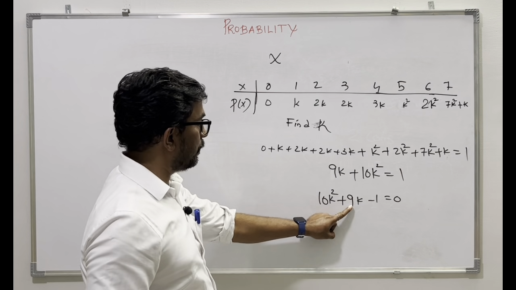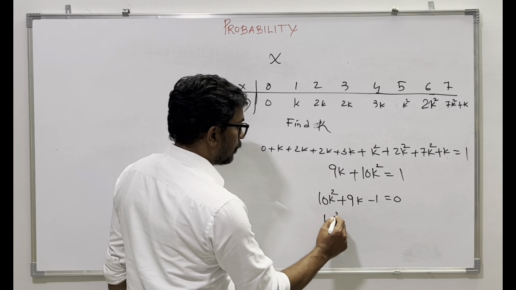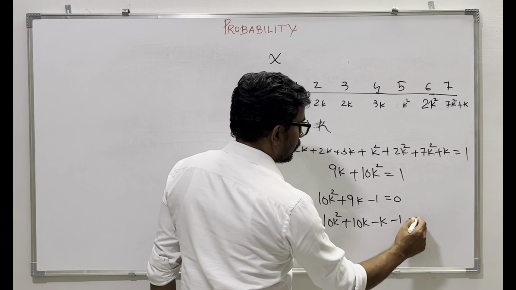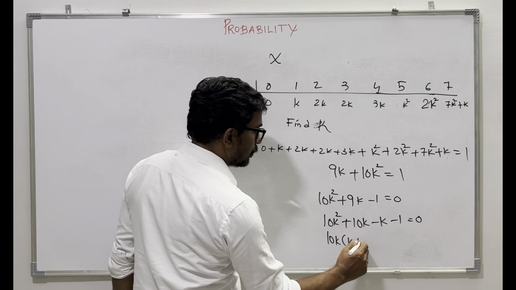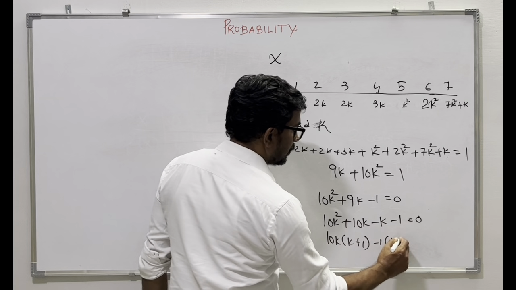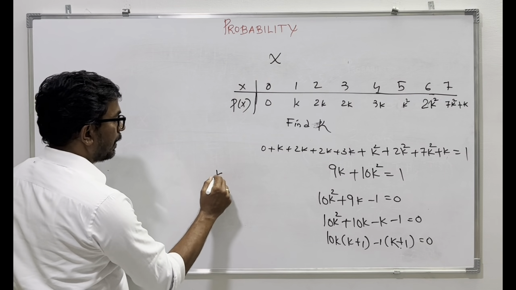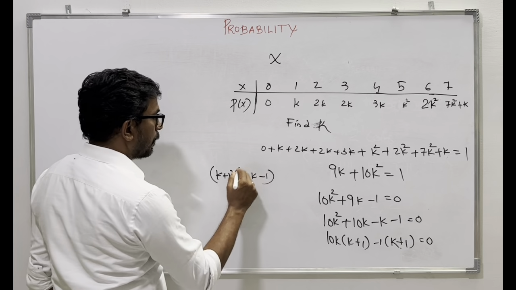When you multiply, it should be 10 times minus 1, that is minus 10. So we can write this as 10k square plus 10k minus k minus 1 equals 0. So 10k common factor, so (k plus 1) minus 1 into (k plus 1) equal to 0. So you have finally (k plus 1) into (10k minus 1) equal to 0.